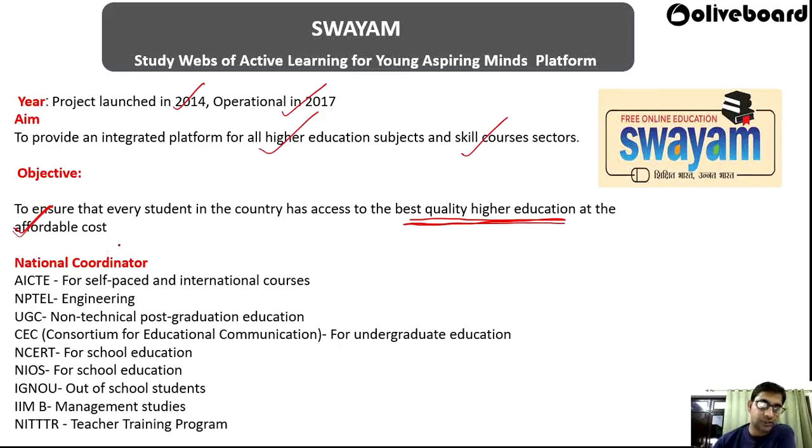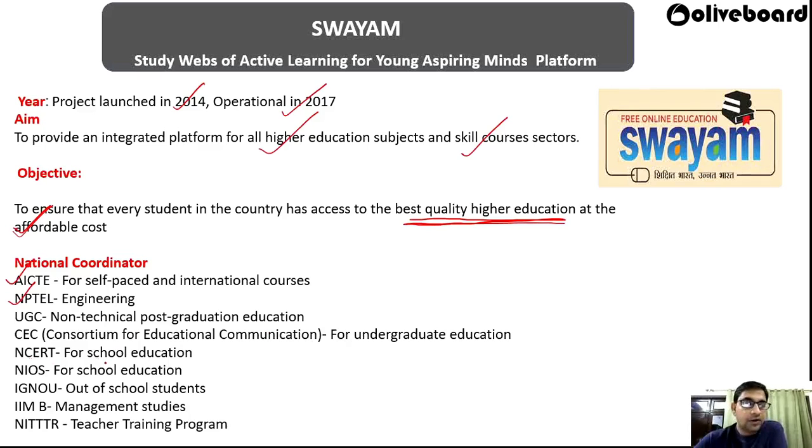So who will be the national coordinator? Since the Swayam portal has many courses based on management, engineering, normal colleges, BSc, BA, all these courses have different coordinators. AICTE is for self-paced and international courses, NPTEL is for engineering courses, UGC is for non-technical and postgraduation education, and CEC, the Consortium for Educational Communication, is for undergraduate education.